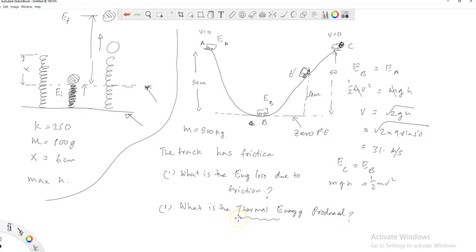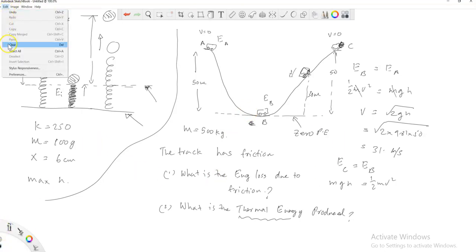Here's a new term. I want you to think about it. What is the energy loss due to friction? It climbs only 30 meters. What is the thermal energy produced? All right, two things. So I want you to work on this, and we can talk about this in class.